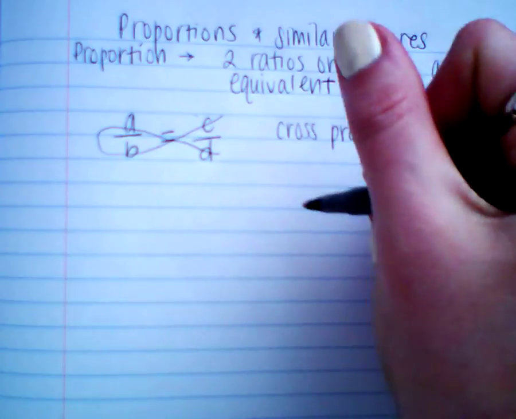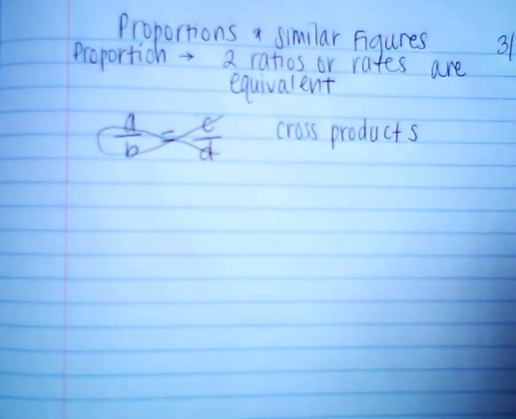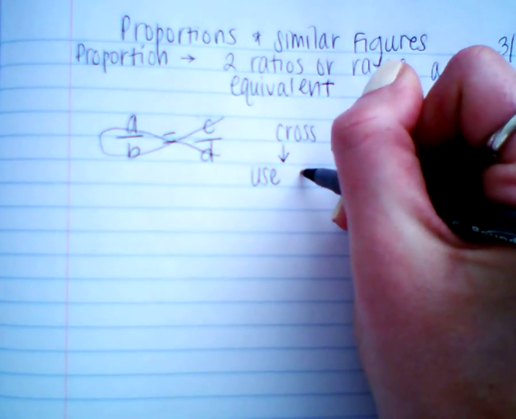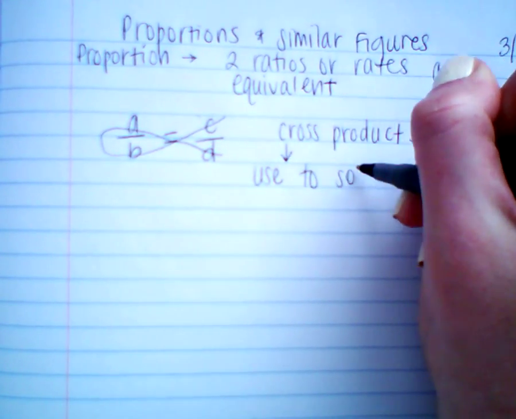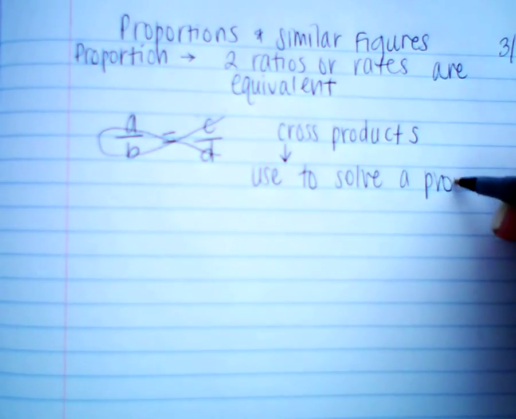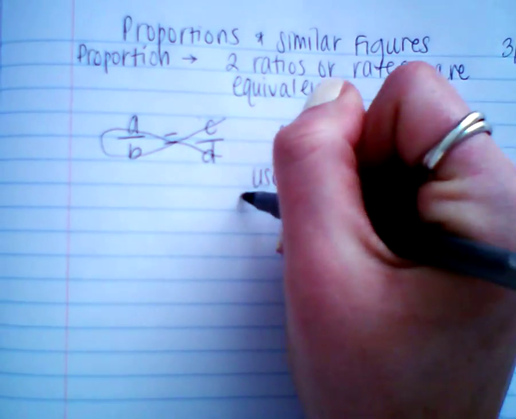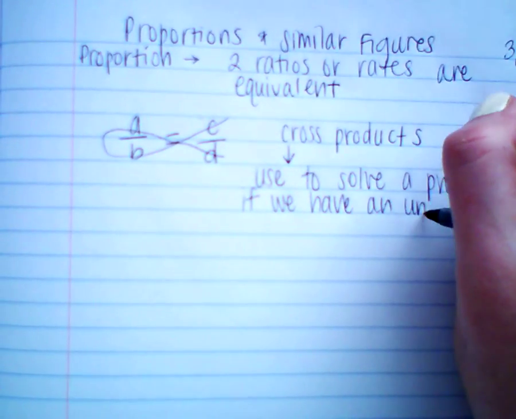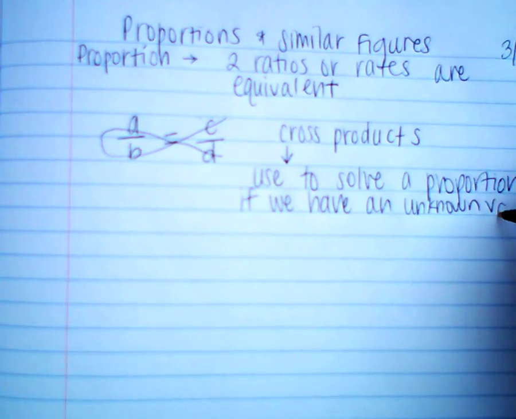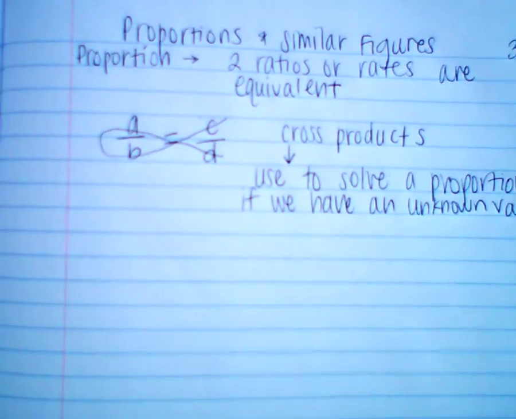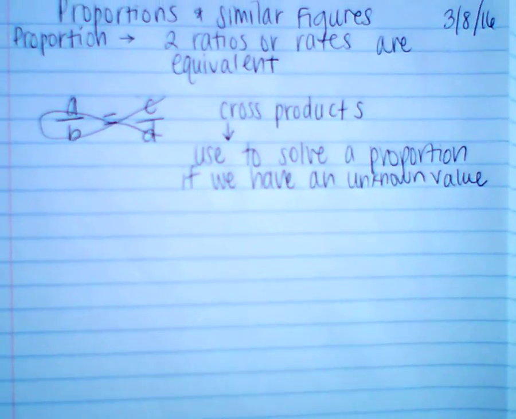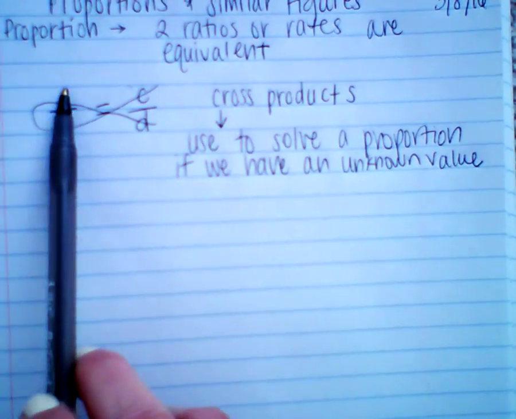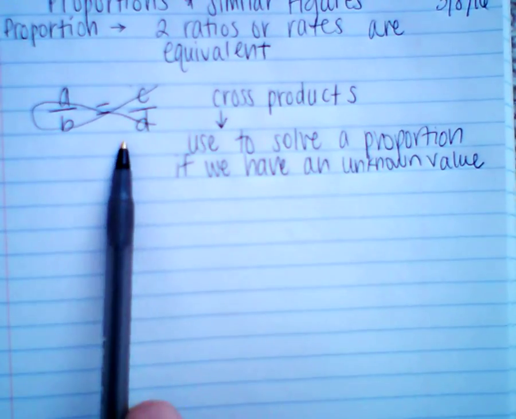So we use cross products to solve a proportion if we have an unknown value. So let's say I had A over B is equal to C over something.